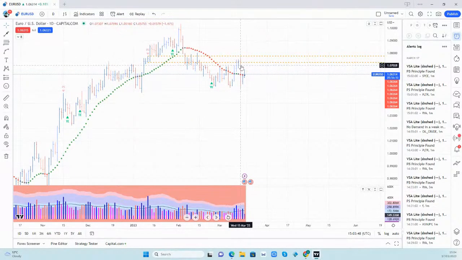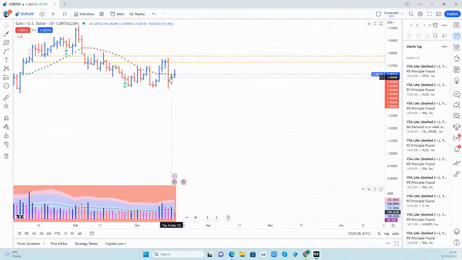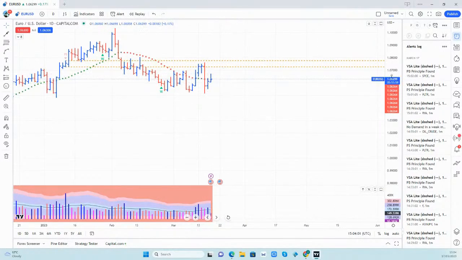We had this bar here, which was no interest on the volume thermometer, but nevertheless, today's bar seems to be almost like an up bar. Well, it is like an up bar, but it still hasn't finished, as you can appreciate. It's got another 5 hours and 55 minutes to go for this particular bar to finish.